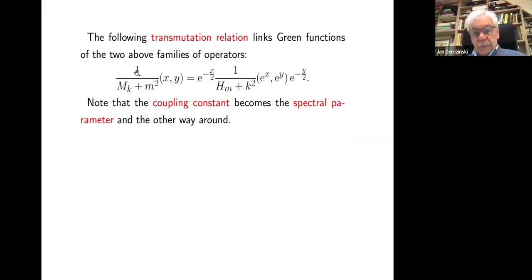The Green functions of the Hamiltonian with the exponential potential are related to the Green functions of the Bessel operator by the formula on this slide. This is not, how to say, a similarity relation.